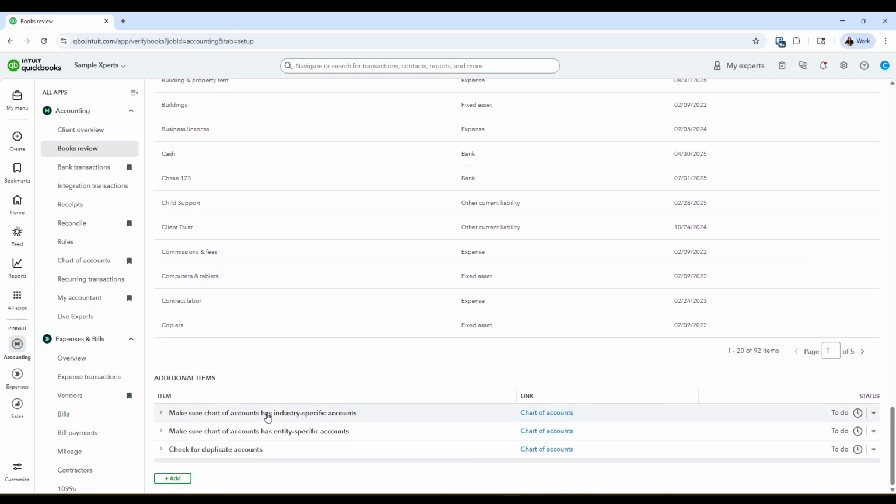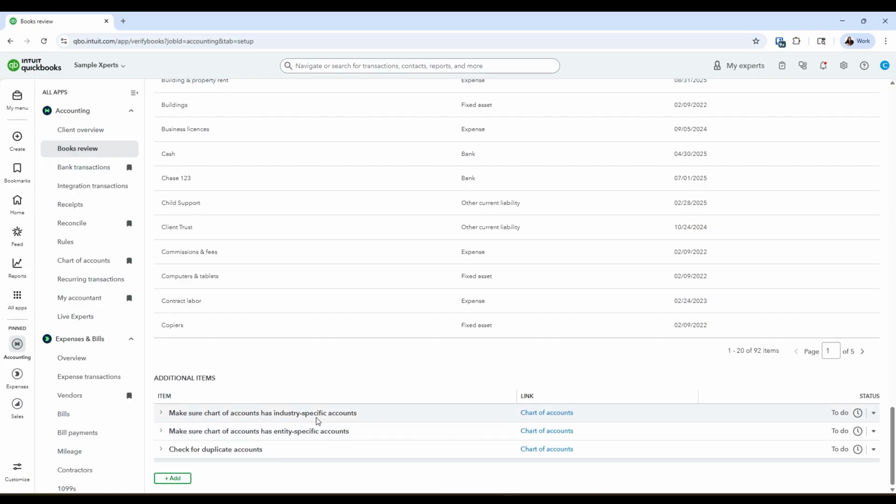All right. Make sure your chart of accounts has industry specific accounts if this is a cleanup. So you've got to organize your chart of accounts. Make sure the chart of accounts has entity specific accounts. So C Corp versus an S Corp versus a sole proprietorship, LLC. So you need to make sure that everything's correct here.